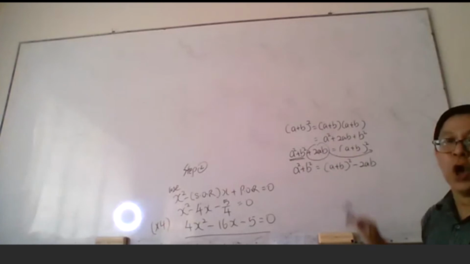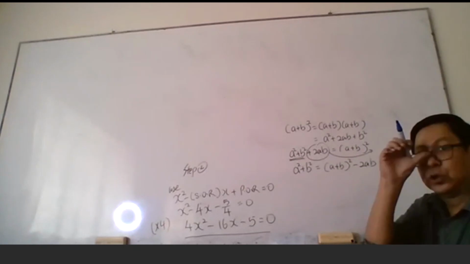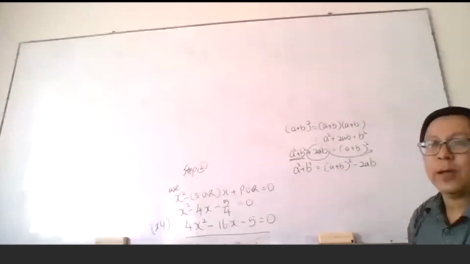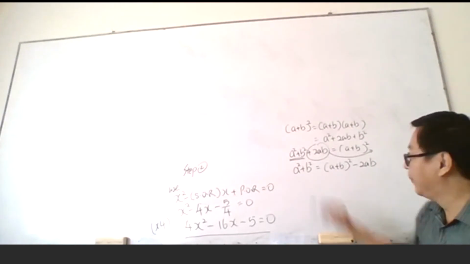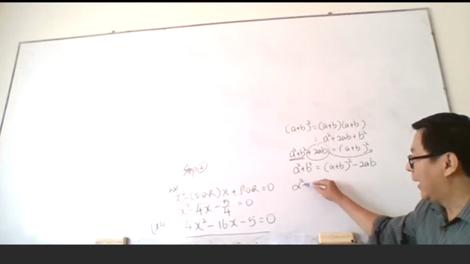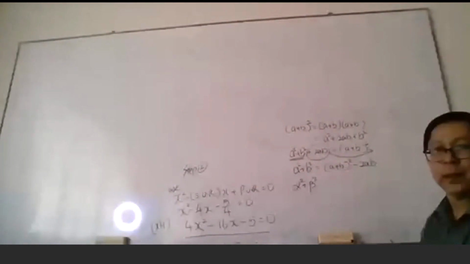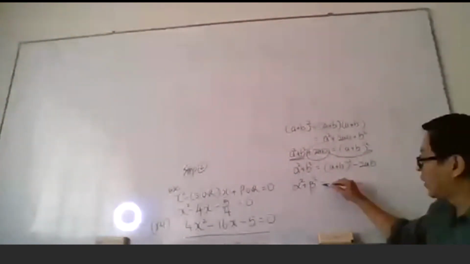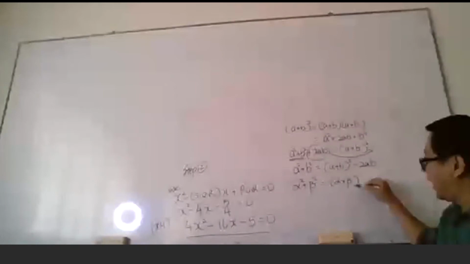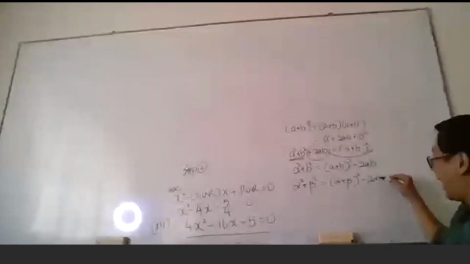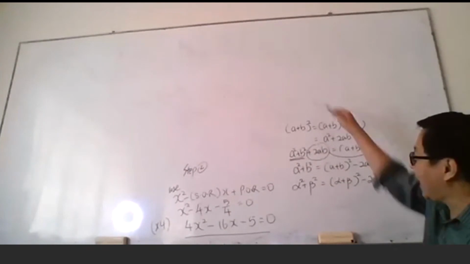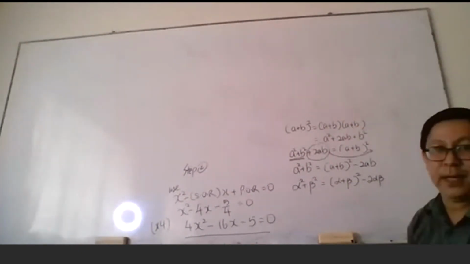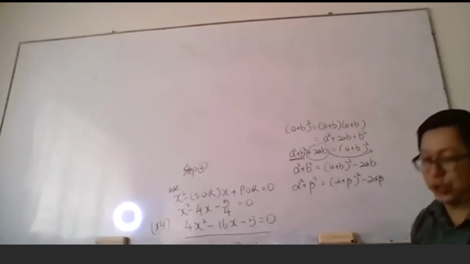Why do you want to know this? Because to a certain extent, in your reference book or textbook, sometimes they will give you alpha squared plus beta squared. Then you must use (alpha plus beta) squared minus 2 alpha beta for the solution. If you don't understand this formula, then you are not able to answer that particular question.